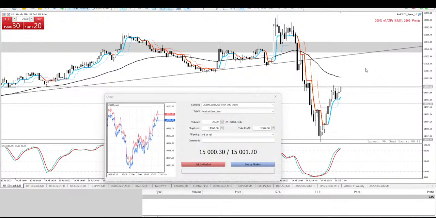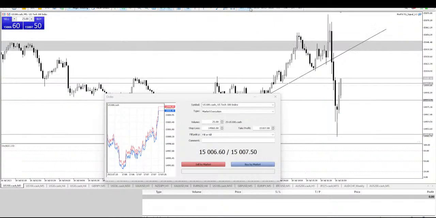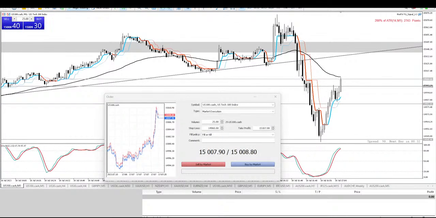I really want to pull back here first though. Okay, doesn't look like we're gonna get that.